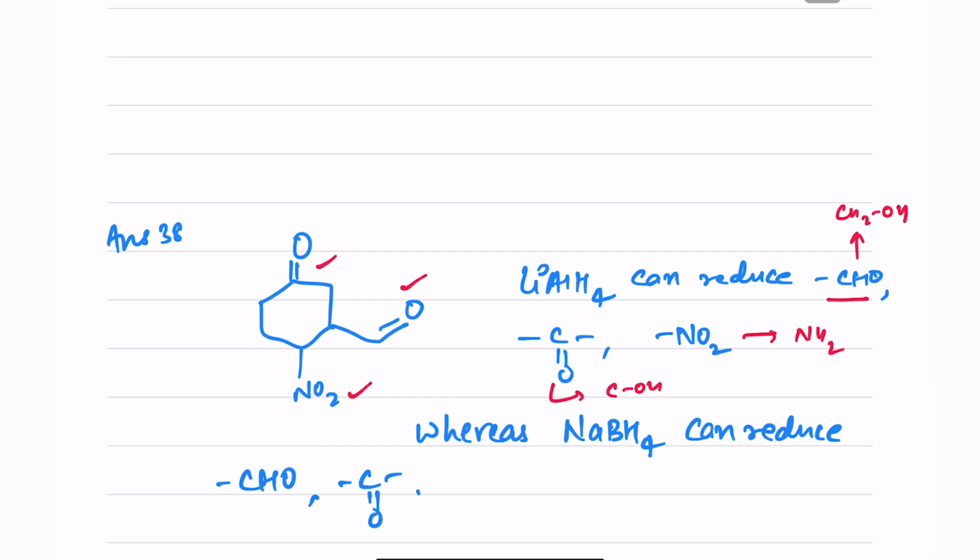So basically LiAlH4 can reduce 3 compounds, whereas NaBH4 can reduce only 2, aldehyde and ketone. So your answer is 3, 2, LiAlH4 3 and NaBH4 2. This is your option number C.